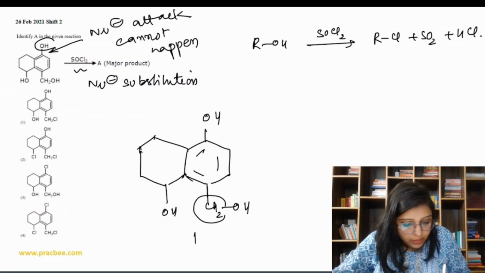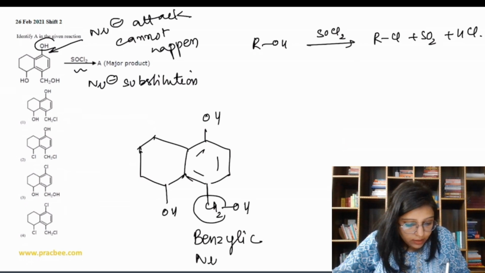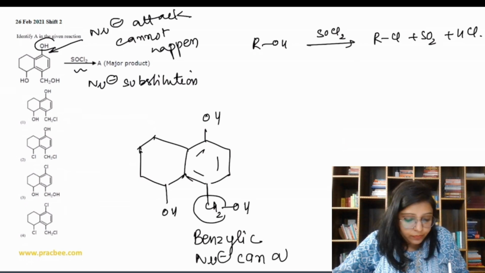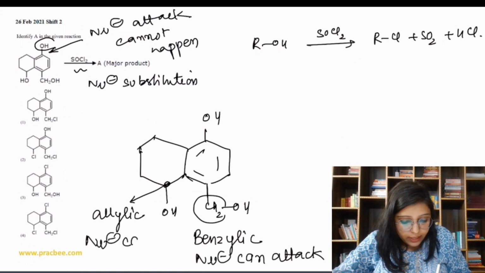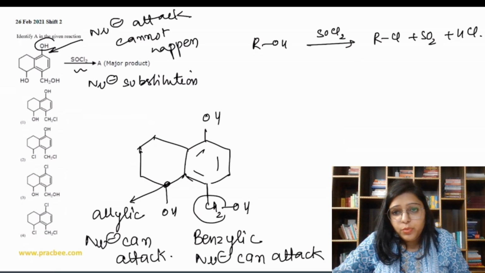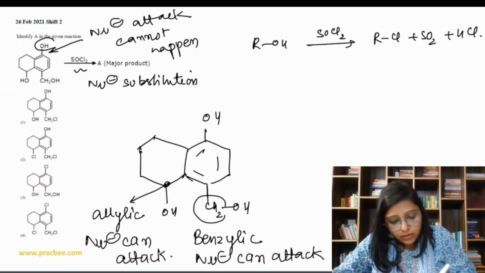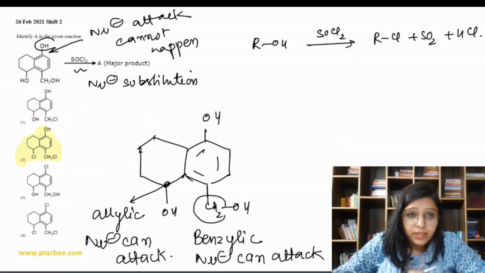So this is a benzylic position, so here the nucleophile can attack, and this is an allylic position, so here also the nucleophile can attack. On the basis of that, we get option 2 as the correct answer. We just have to do nucleophilic attack.